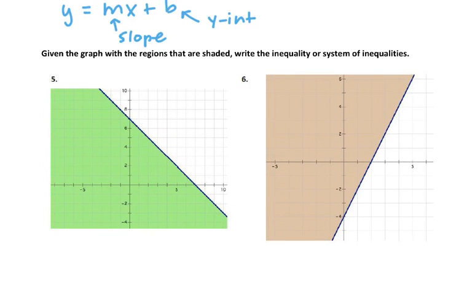So actually, let's start with our start numbers, because I think they're the nicest up front. So here we have a start number on the y-axis at what looks like to be a 7.